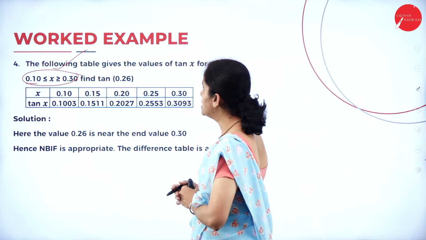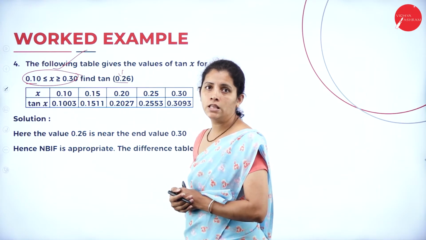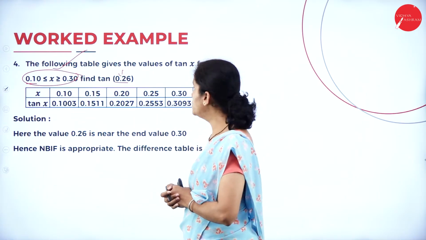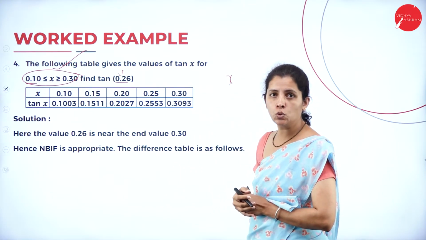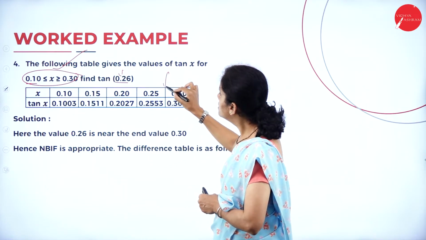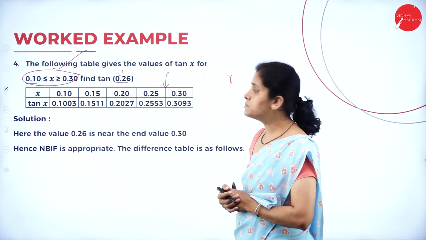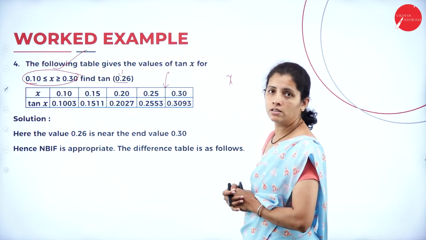Okay, now see here, where I want to find the x value. In the given question, x is nothing but 0.26, and if I see the table, the x value comes between 0.25 and 0.30.